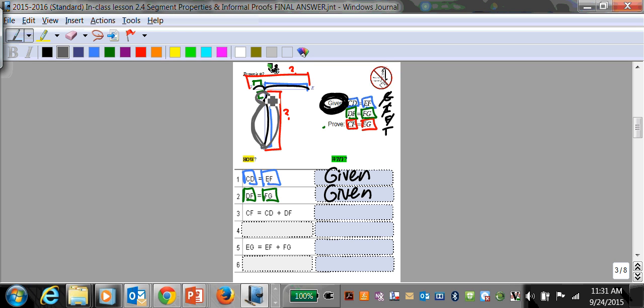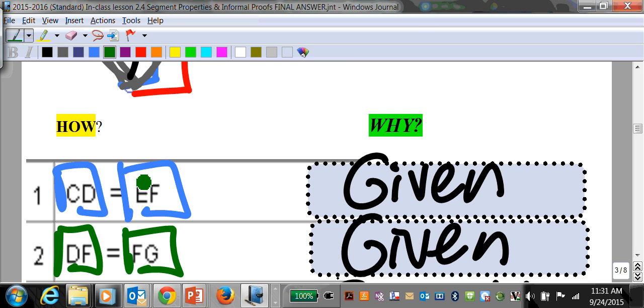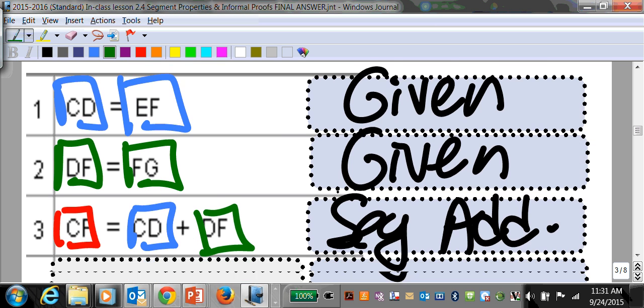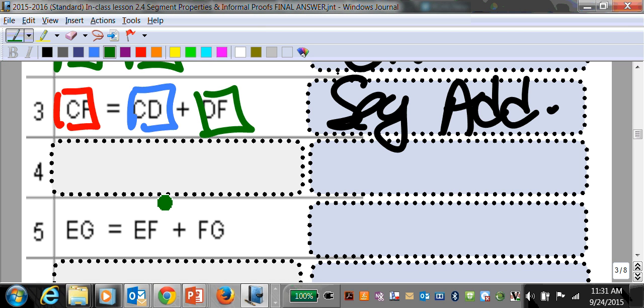Little segments add up to big segments. What's that called? Segment what? Out loud? Little segments add up to big segments. Go back, color code it. Now, this is where you have to start figuring out what change is going on here.